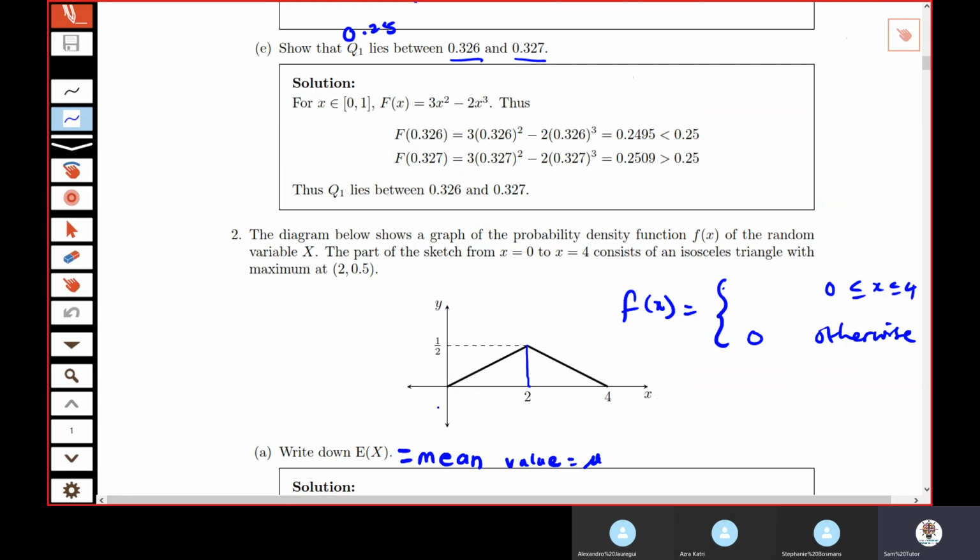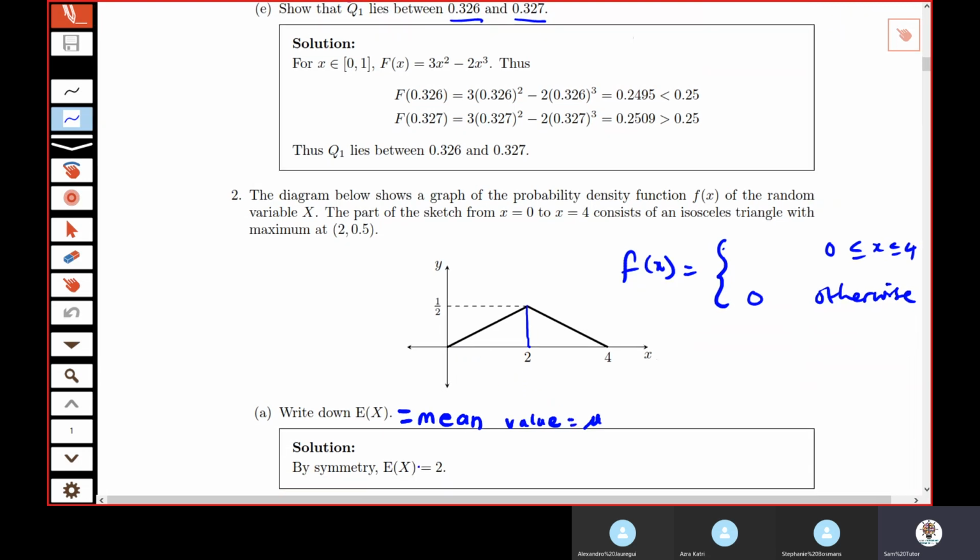Again, because it's symmetrical, right in the middle, 2. Your mode is also 2 because the highest point is a half. You look at your maximum value; your maximum y value is half, so therefore your mode will also be 2. So by symmetry, E of x is equal to 2.